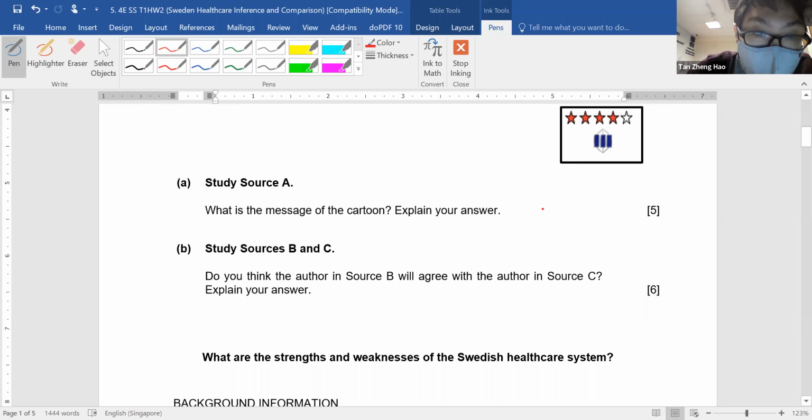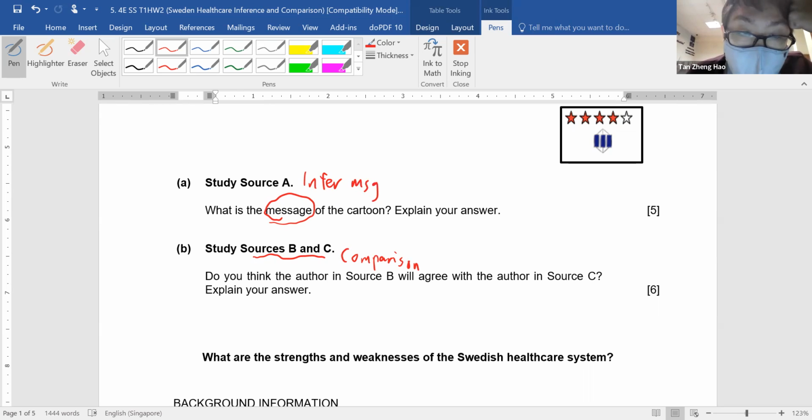Study source A, what is the message of the cartoon? This one I know is an inference question. Study source B and C, so this should give you a hint that it's a comparison. Do you think the author in source B will agree with the author in source C?